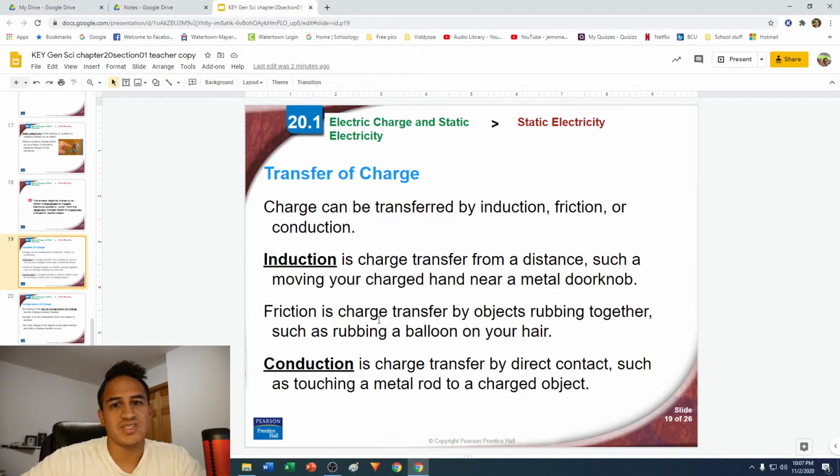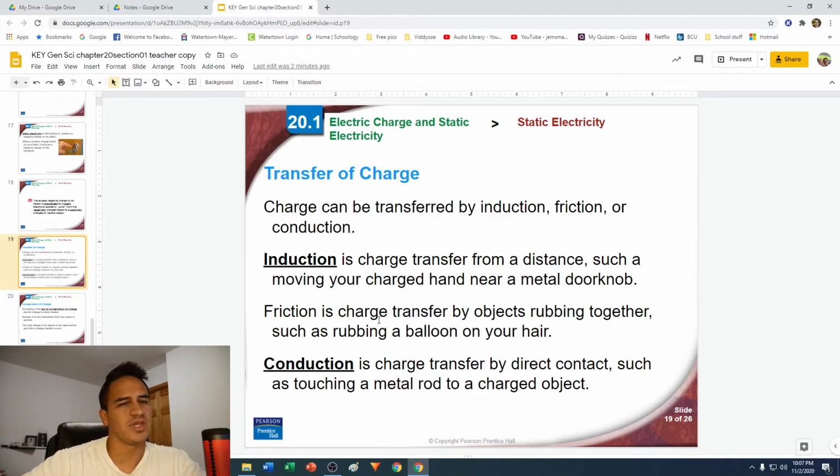And the last that we have is conduction. Conduction is transfer by direct contact. So if you were to charge an object and then touch that object to something else, the charges can transfer their way from the first object to the second object just through direct contact.